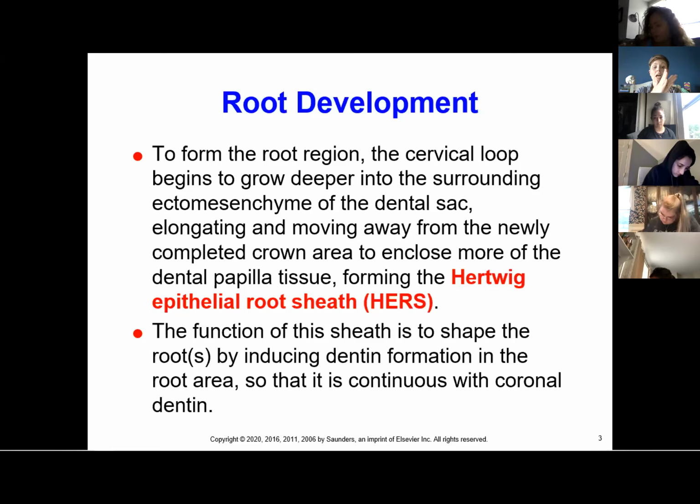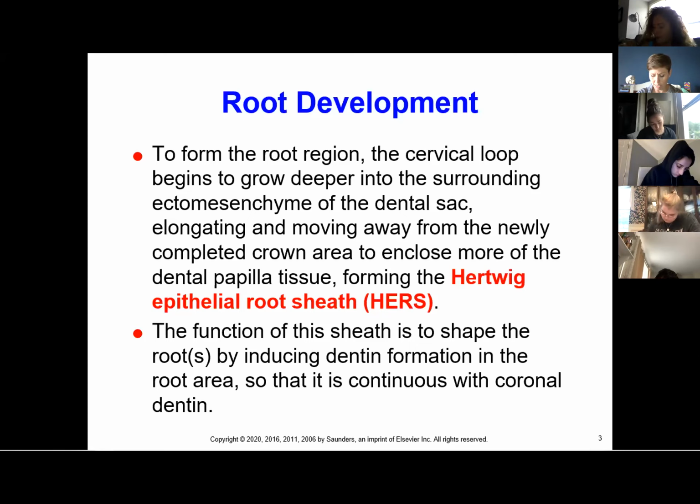Well, it starts to come together, the inner and the outer, and it forms what is called the Hertwig's epithelial root sheath, or the HERS tissue. And this is what eventually forms the root.